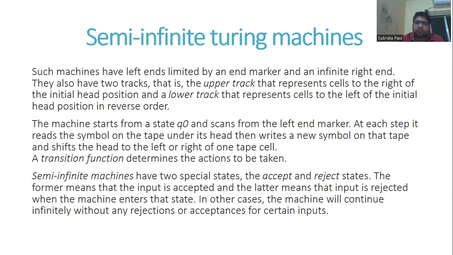The semi-infinite Turing machine can have two special states, accept and reject. The accept state denotes that the input is accepted, while the other denotes that the input is rejected when the machine enters the state. In other cases, the machine will continue infinitely without rejection or acceptance on certain inputs. This is the semi-infinite Turing machine.